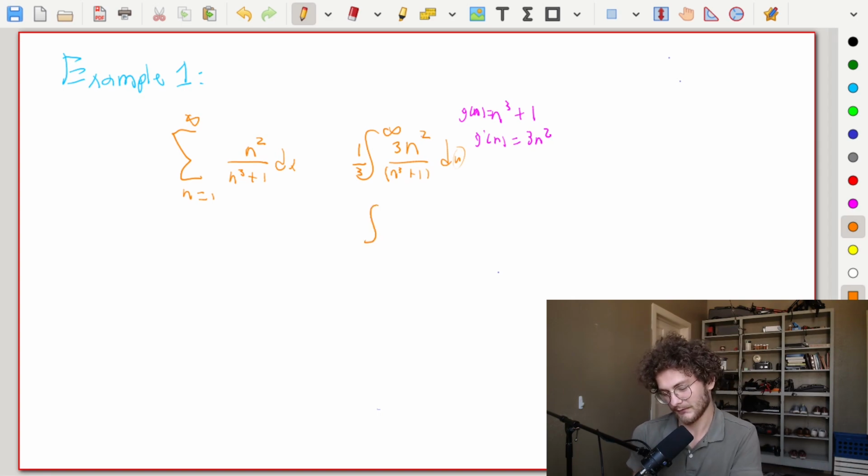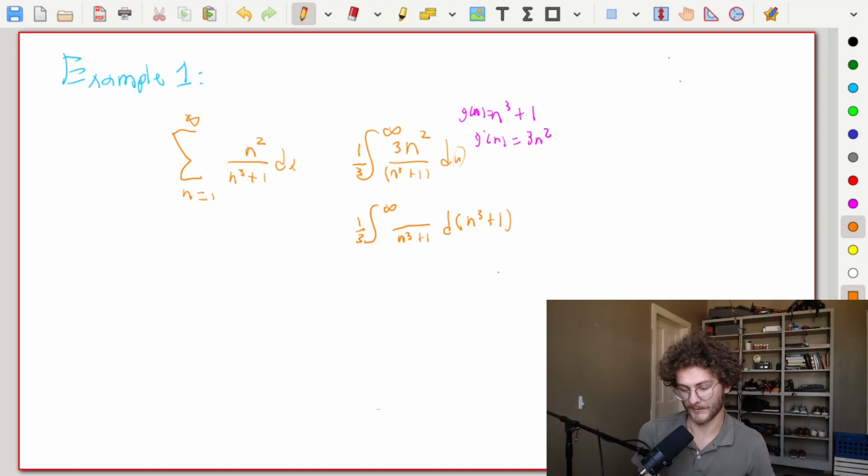Let's rewrite this. Of n cubed plus 1, d of n cubed plus 1. What is d of n cubed plus 1? It's that thing. This makes the whole thing really simple.